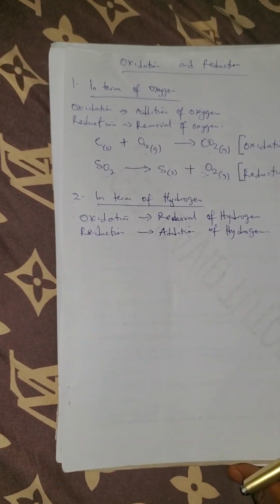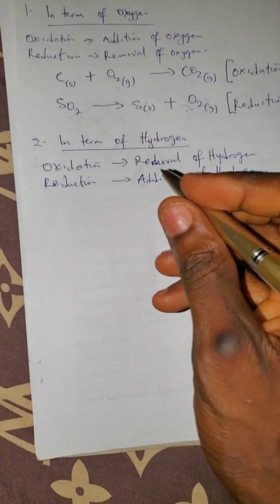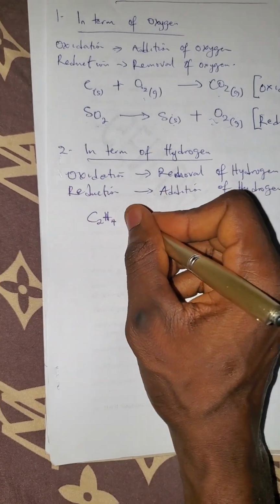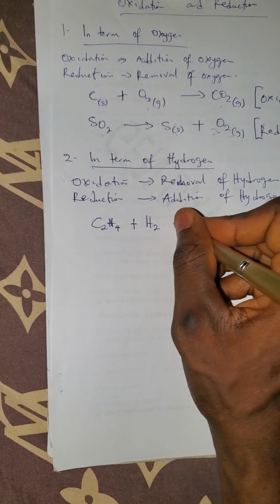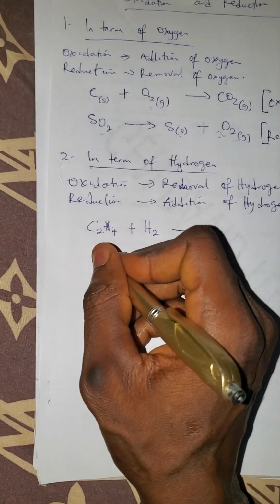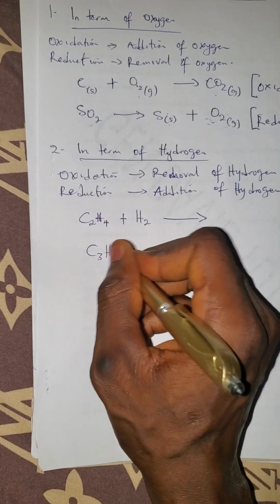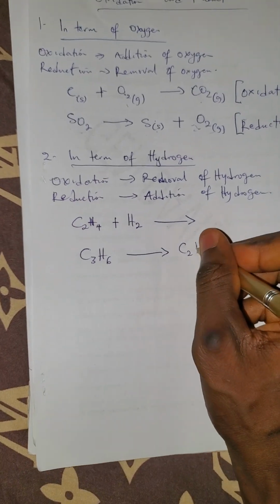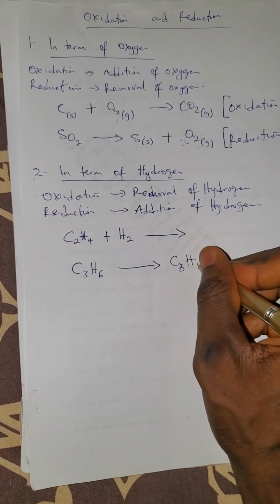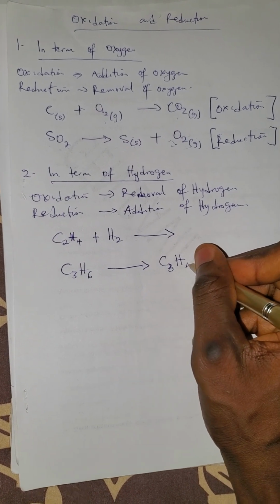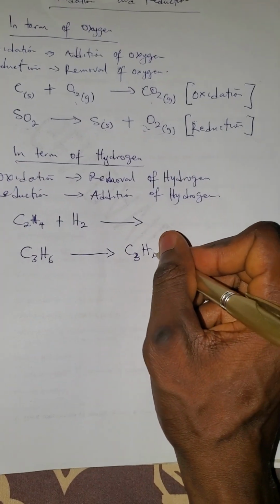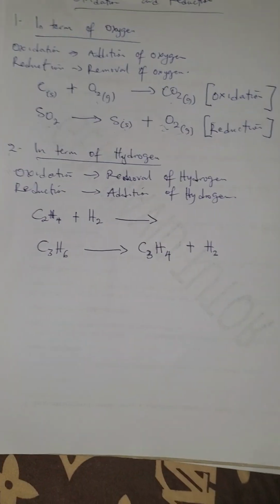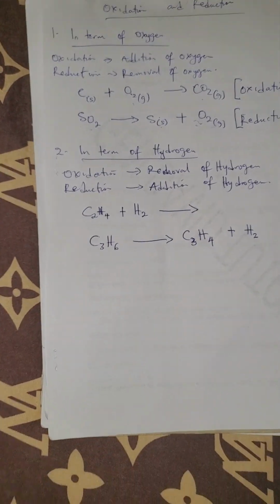Now, for instance, if you have C2H4 plus H2, or let me even say C3H4 plus H2, or better still, you have C3H6.